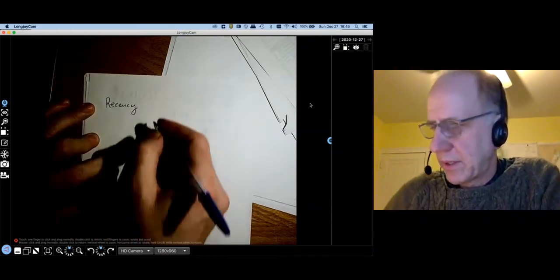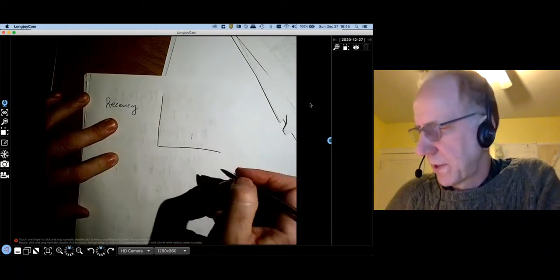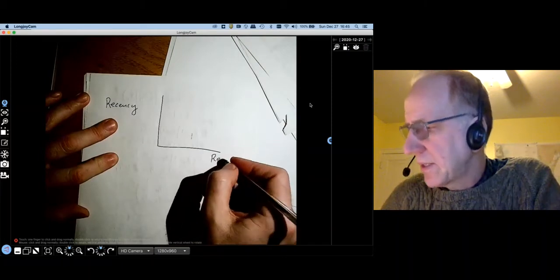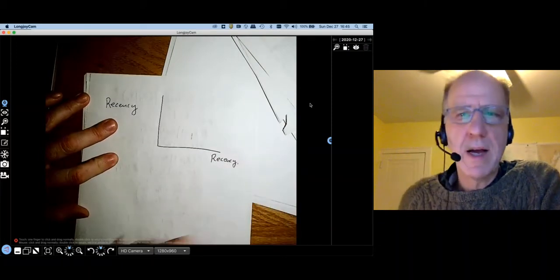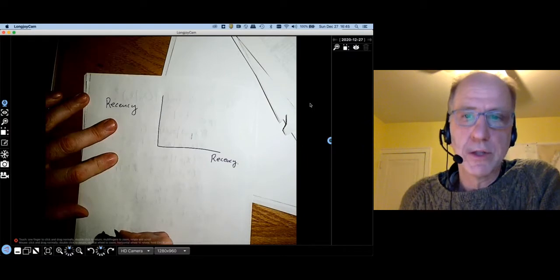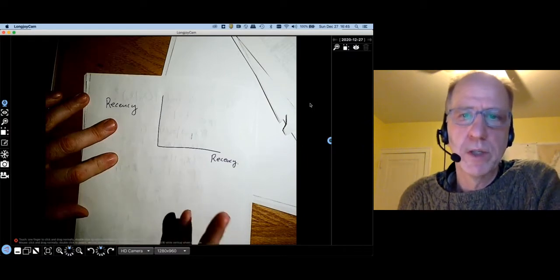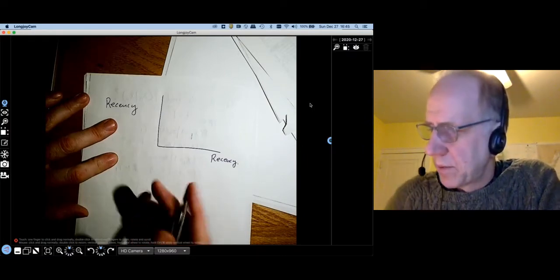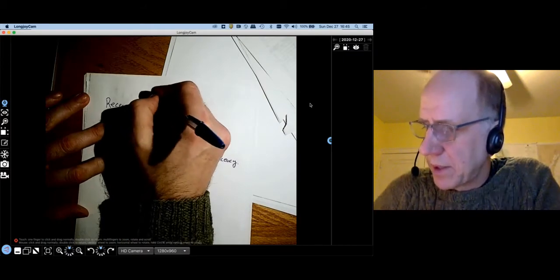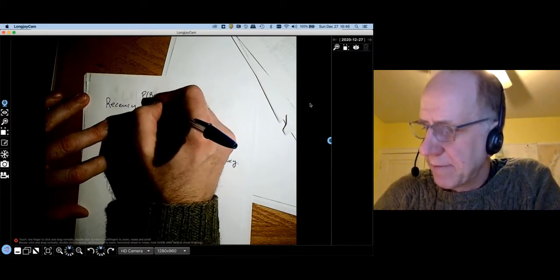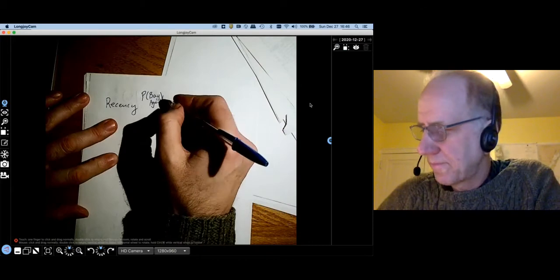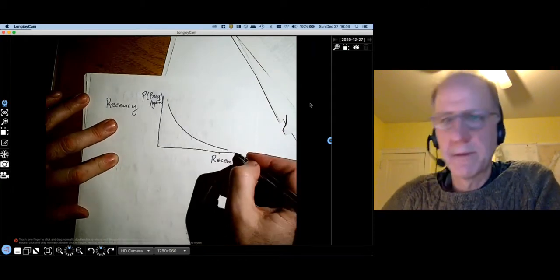So remember what I said earlier in a previous video. Recency is the time since the most recent donation or purchase if it's a retailer. The relationship between the probability of buying again and recency usually looks something like this.